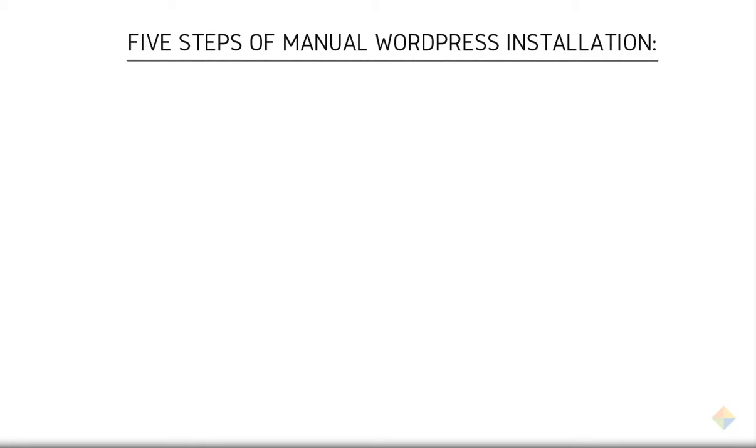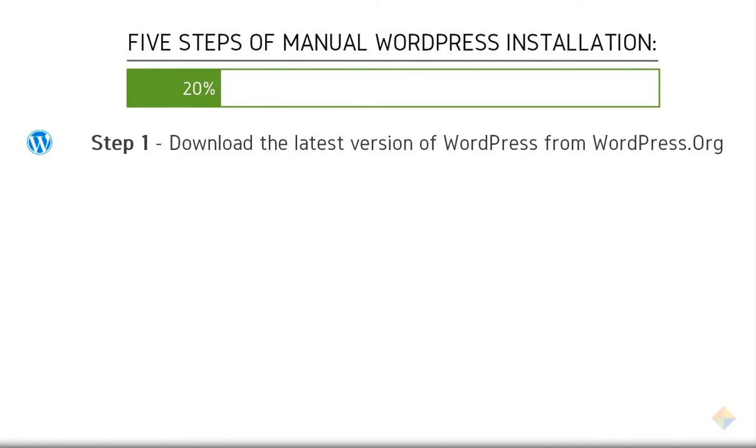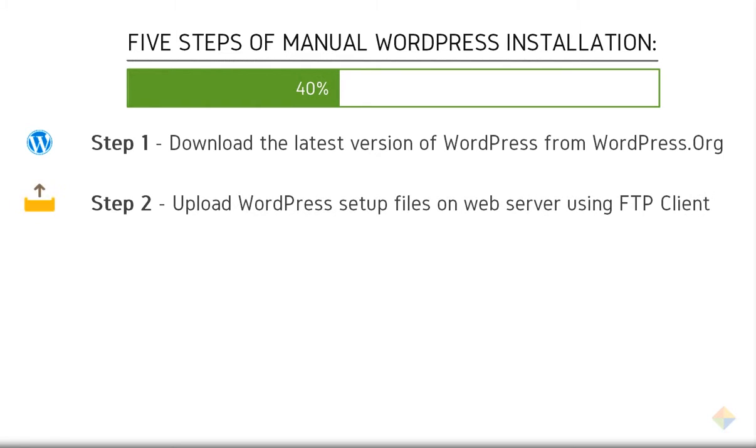Manual WordPress installation can essentially be divided into 5 steps. First, we'll download the latest version of WordPress from wordpress.org. Second, we'll upload the WordPress setup files on a web server using FTP client software.